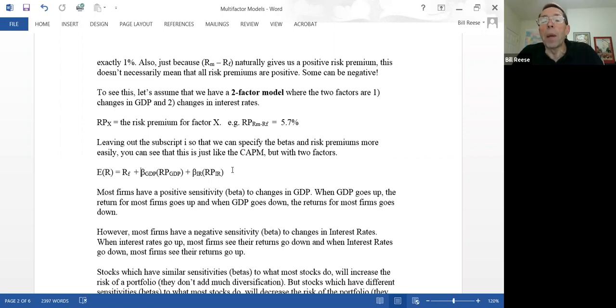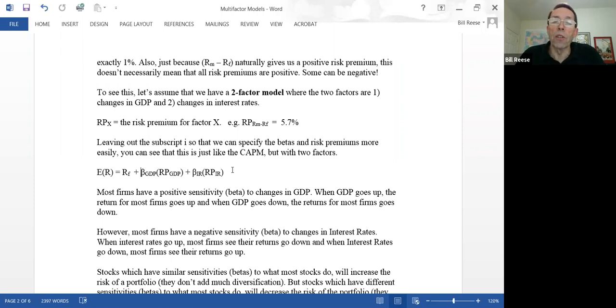While a negative beta is very rare in the one-factor CAPM model, a negative beta is not necessarily so rare in a multi-factor model. Let's look at interest rates, for example. Typically, if interest rates go up, most stocks go down. Not all of them, but most of them do.